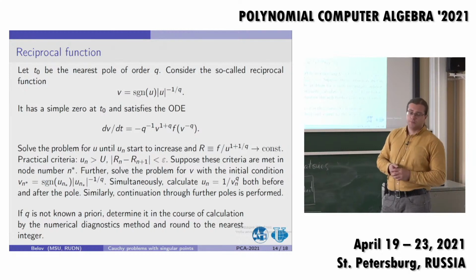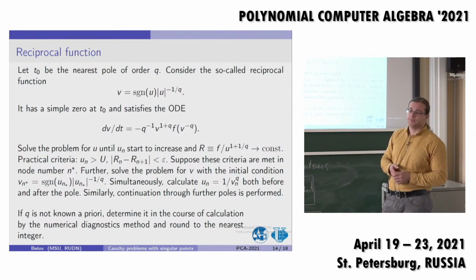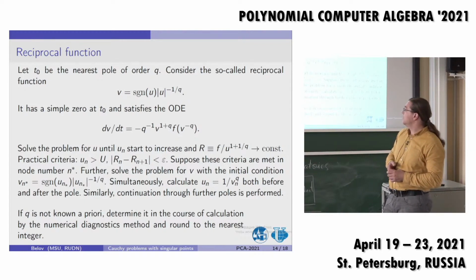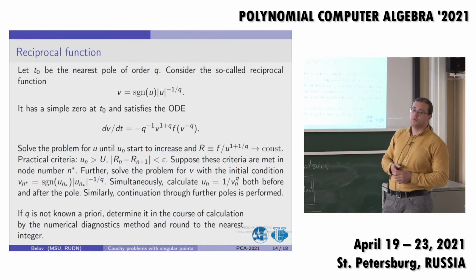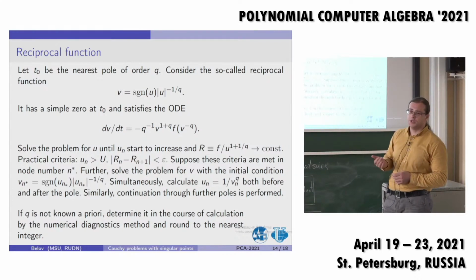Suppose Q is known. Such a situation is the simplest. We perform calculation of U until it starts to increase rapidly. And simultaneously, we check the condition that f divided by u to the power of 1 plus 1 divided by Q tends to some constant. Here you can see the practical criteria which can be checked in the program.